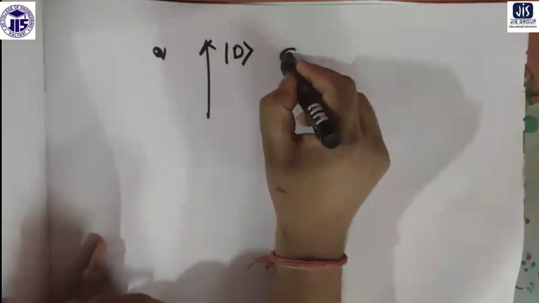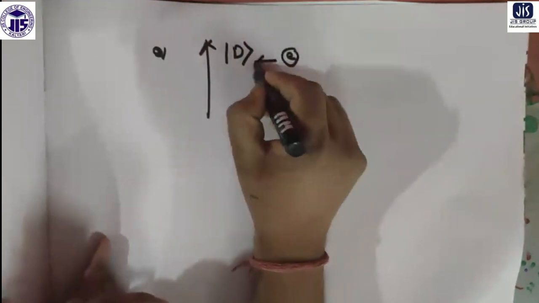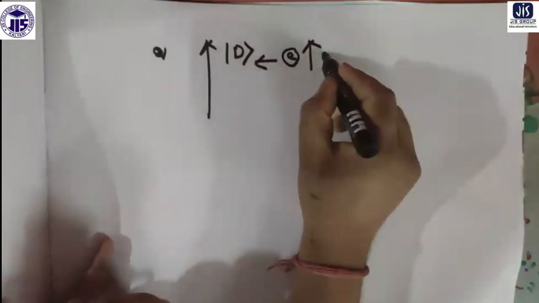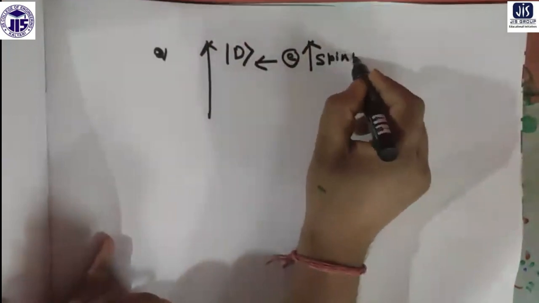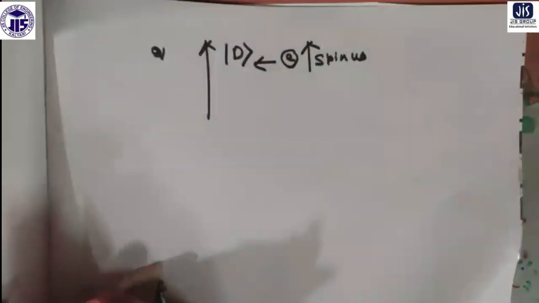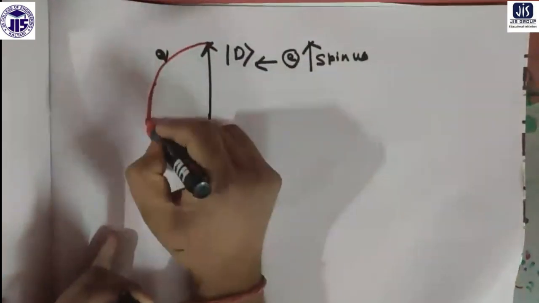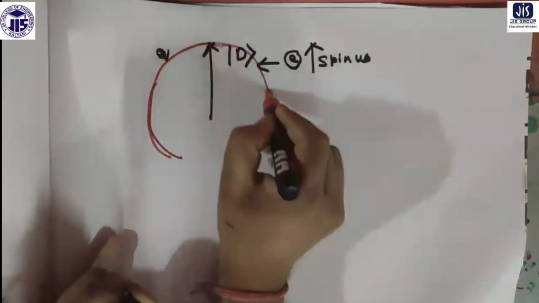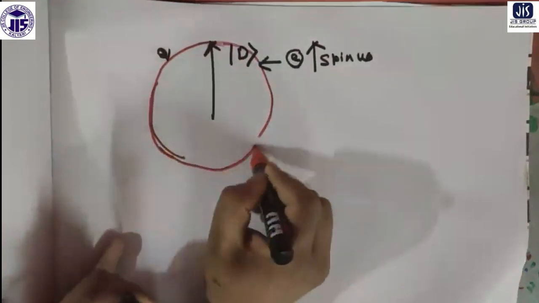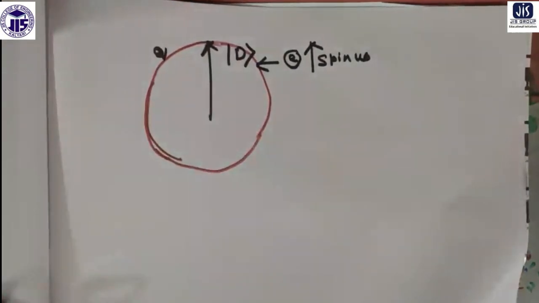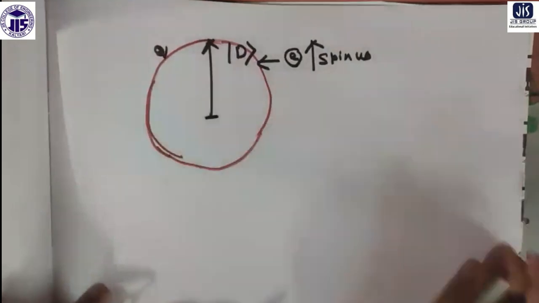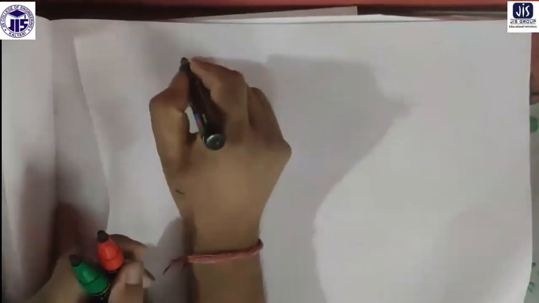So the electron is there, in the spin up state. Now this is my Bloch sphere representation.